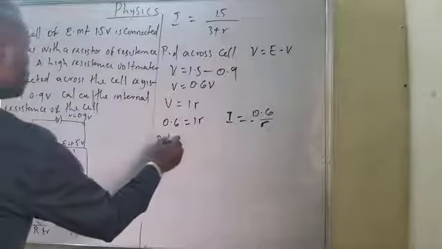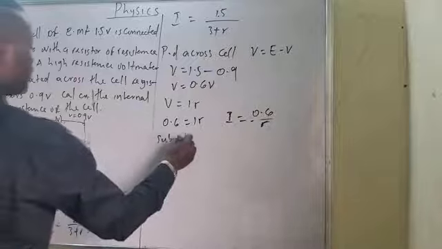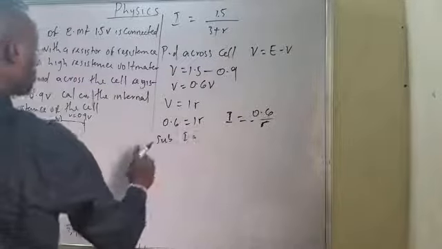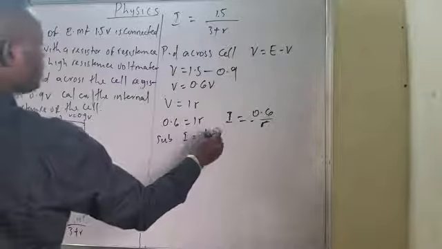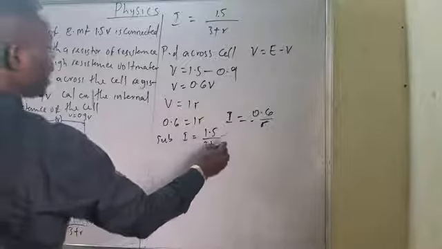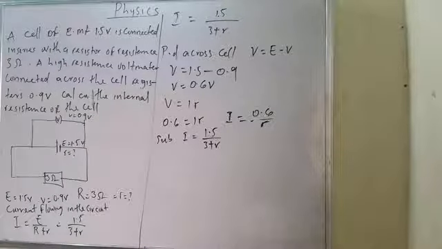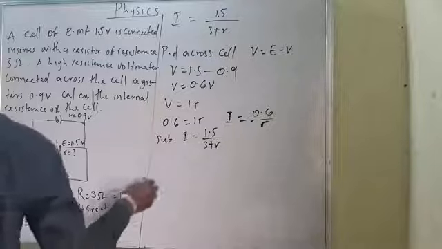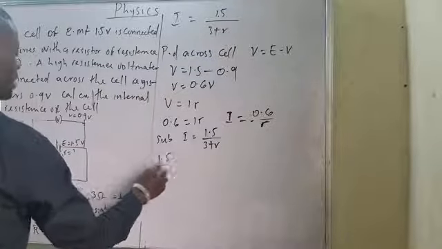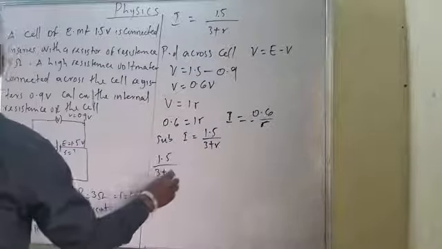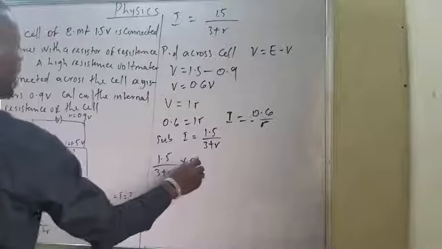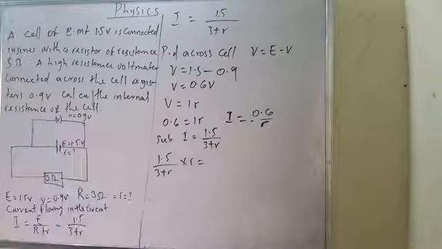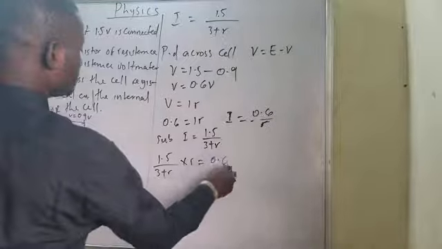I can now substitute I into 1.5 divided by 3 plus r. We are obtaining 1.5 divided by 3 plus small r, multiplied by r, equals 0.6.